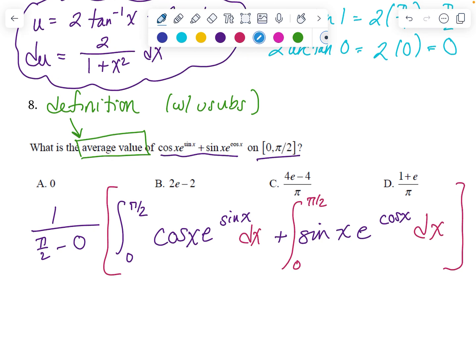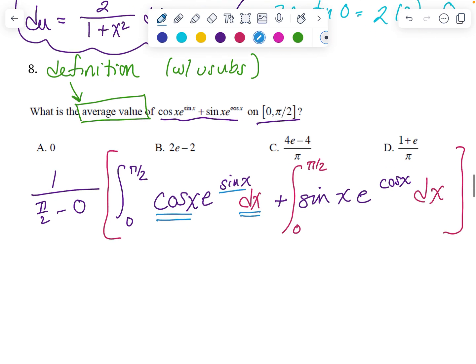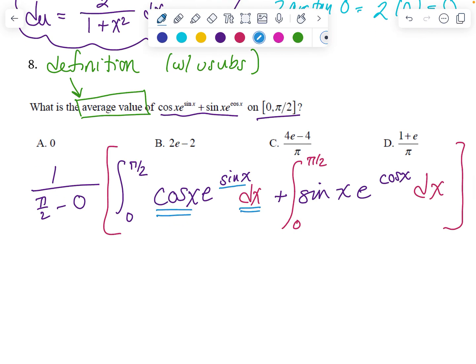Okay, so if u is sine, the derivative of sine is cosine. So that's already an e to the u. So I could just make that e to the u with my bounds like that. Okay. While I'm in the neighborhood, let's think about this stupid fraction inside of a fraction situation. I've got 1 over pi over 2, so that's 2 over pi.